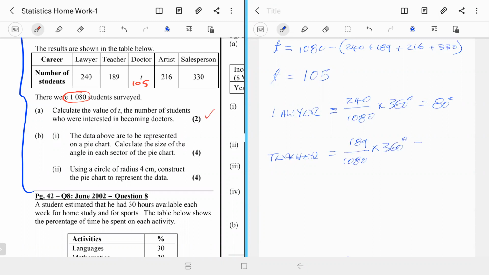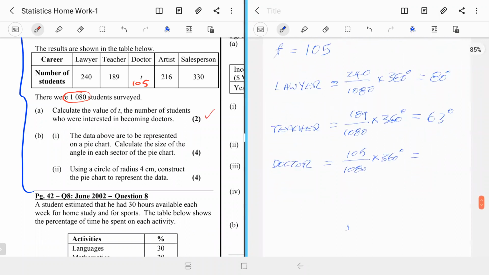What is that equal to? 63 degrees. All right, 63 degrees. Then we have the doctor, which is 105 divided by the 1080 multiplied by the 360 degrees. What is that one? 35 degrees.